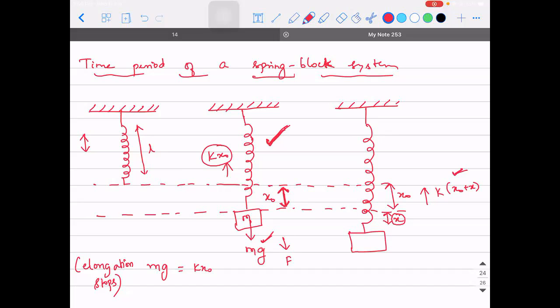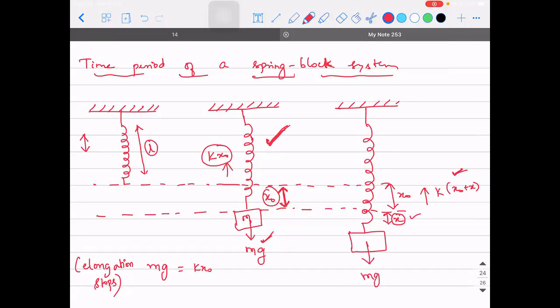So the block elongated the spring by a distance of x naught compared to its original length. After that, the system came to equilibrium. There was no disturbance. But what did I do to that? I created a small disturbance by elongating it even more. With respect to x naught, I've elongated it even more by a distance of small x, and I removed my hand.